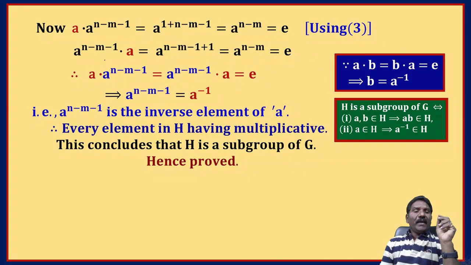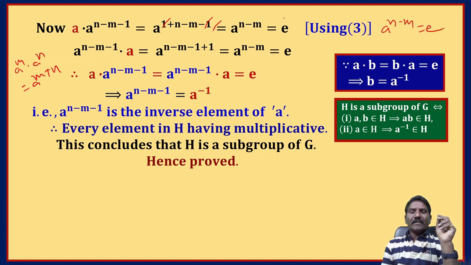Now, a into a power n minus m minus 1 is equal to a power 1 plus n minus m minus 1. Since a power m into a power n is a power m plus n, the 1 and 1 cancel, that is a power n minus m. Using 3, a power n minus m is equal to e.